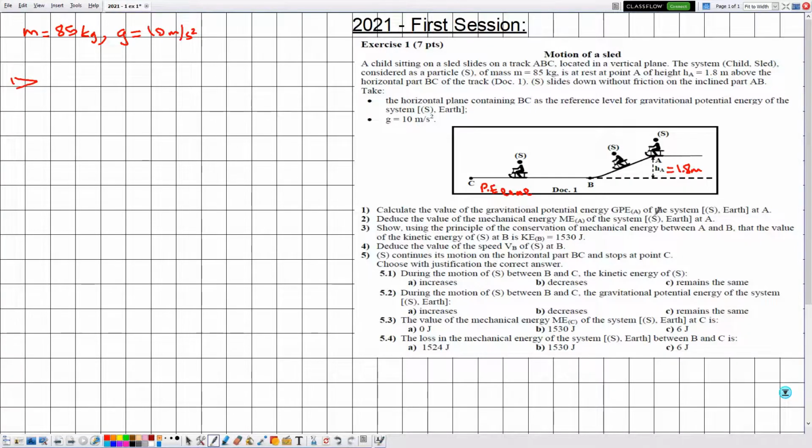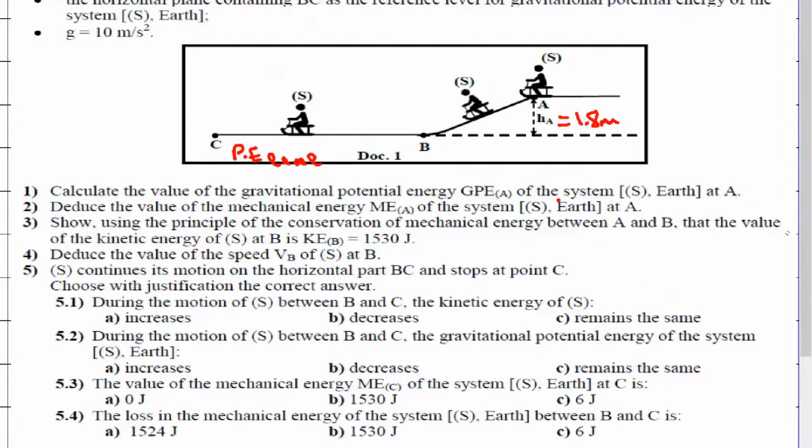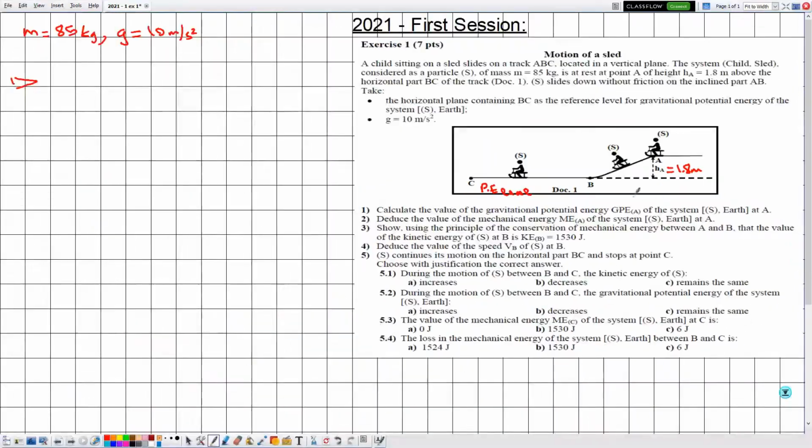Now, in number 1, they are telling us to calculate the gravitational potential energy GPE at A. Now this is given by the formula mgh_A.